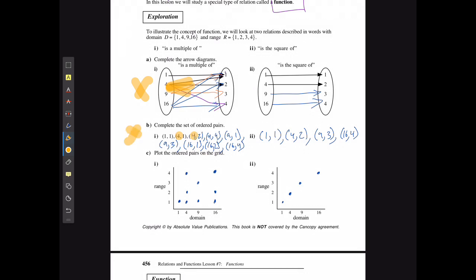That's not a function. Or I can see that the value of 4 has multiple y values that are all attached. That is also not a function, which means that "is a multiple of" is not a function. "Is the square of": I only have one line coming out of all of them. I never repeat any values, and I never have points stacked on top of each other, so this one is a function.